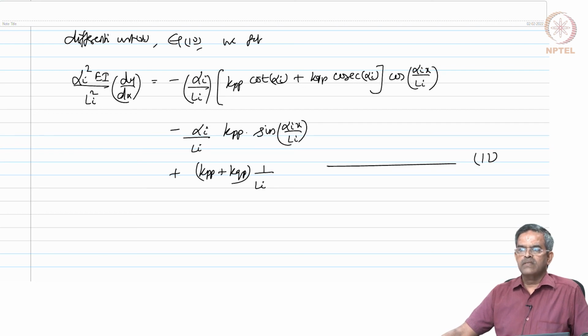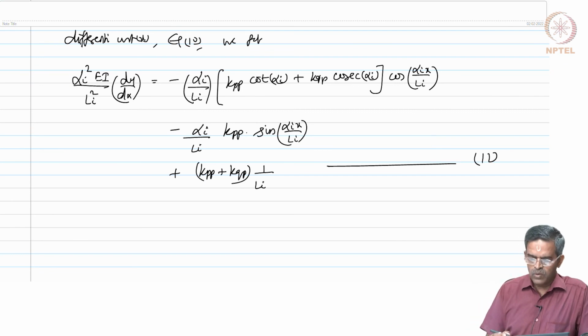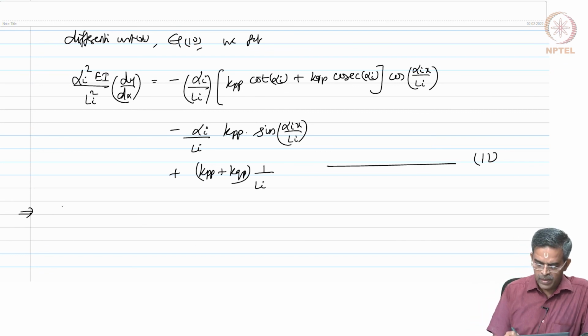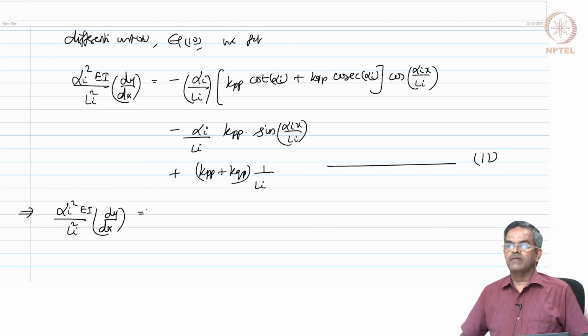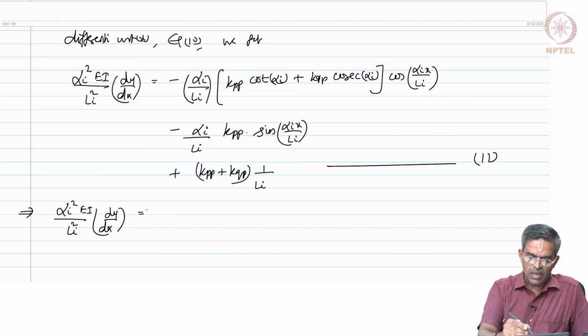So, let us rearrange this equation in a closed form, which will now become alpha I square Ei by Li square dy by dx will be equal to, because there are many KPP terms, let us group them all. So, there is a KPP term here and here as well.